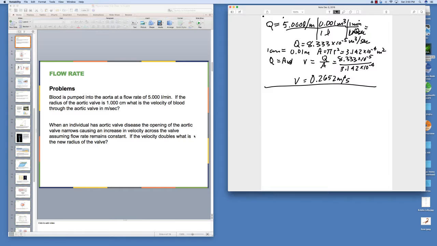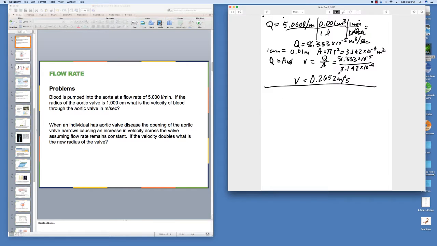Now the second problem here says that an individual has an aortic valve disease, and so the opening narrows and it causes an increase in velocity across the valve with the flow rate remaining the same. If the velocity doubles, what's the new radius?